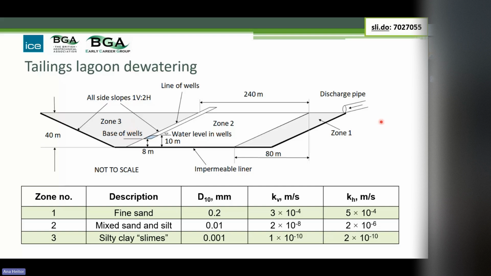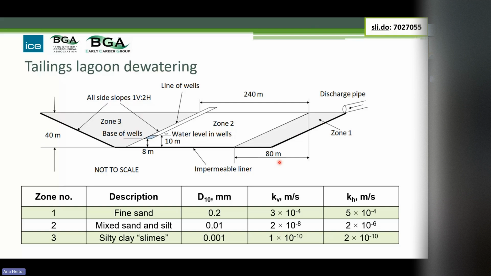So the idea was that the students were given the D10 size and the horizontal and vertical permeabilities of each of these zones. What they had to realize is that actually zone 1 is effectively very highly permeable, so we can treat it as an equipotential. Zone 3, which is the slimes, is very low permeability, so we can treat it as impermeable. So all we really need to do is to worry about the flow in zone 2.